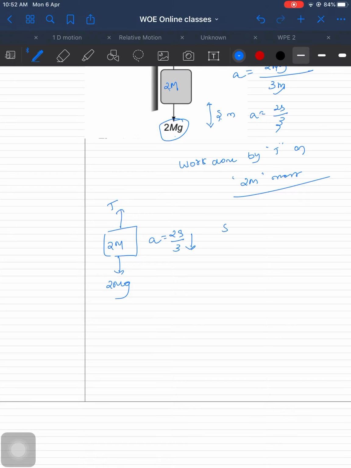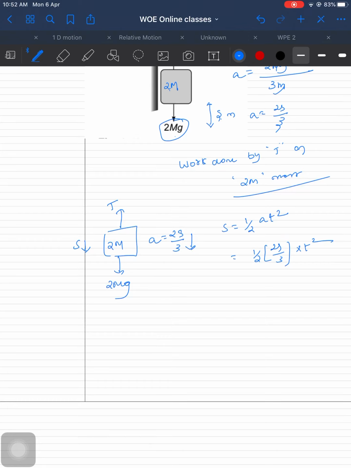Now the displacement s is equal to half u t, where u is equal to 0, so it is half a t square, not g. And the displacement is also in the downward direction. a is equal to 2g over 3, so s is half into 2g over 3 into t square.